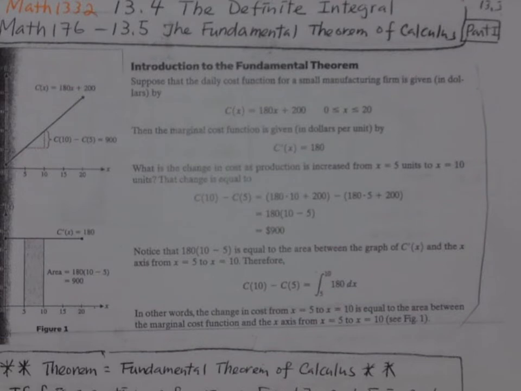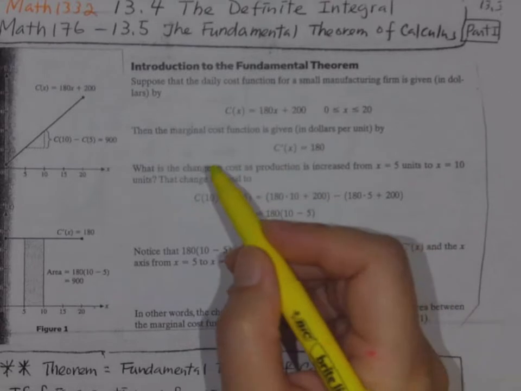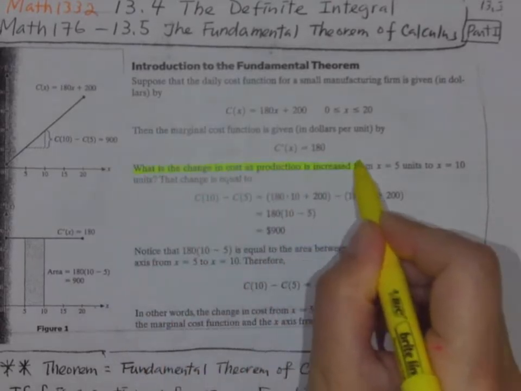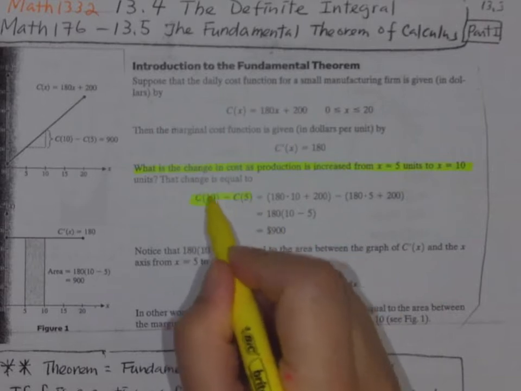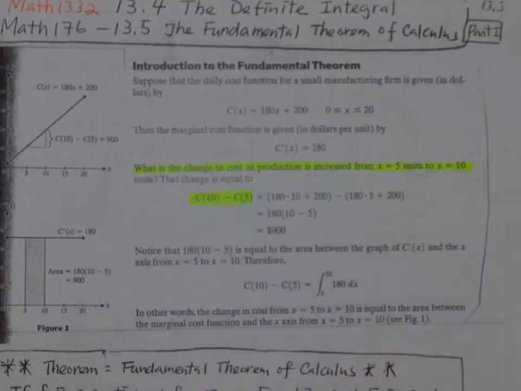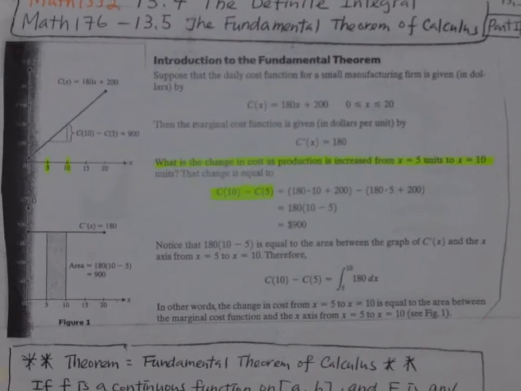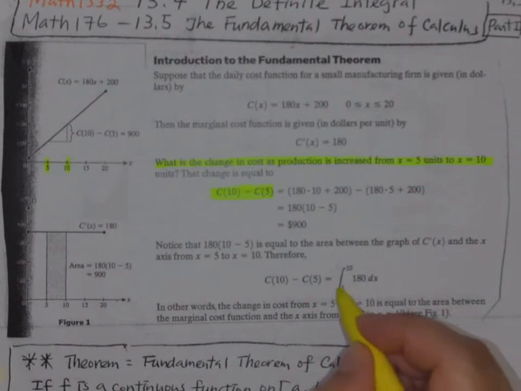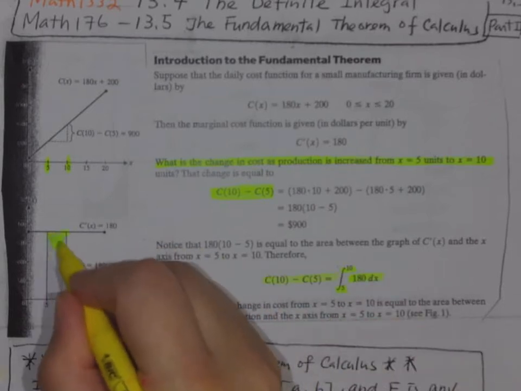Notice that we can also find the same answer another way. We are looking at the change in production between 5 and 10. One way to calculate is just plugging back into the cost function. Another way is taking the integral and plugging in the values from 5 to 10, so they are equal to each other.